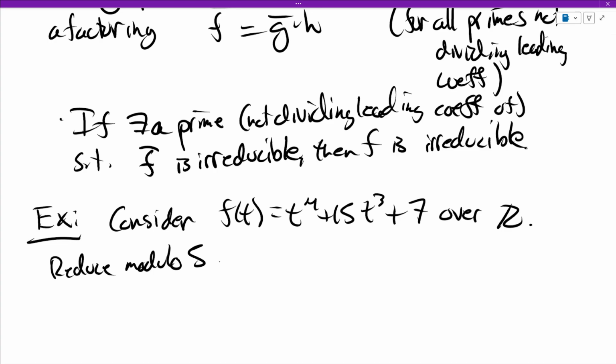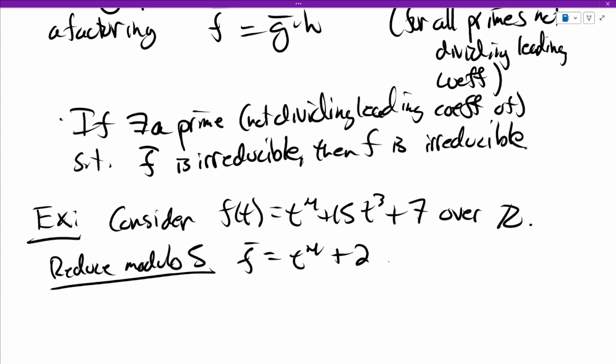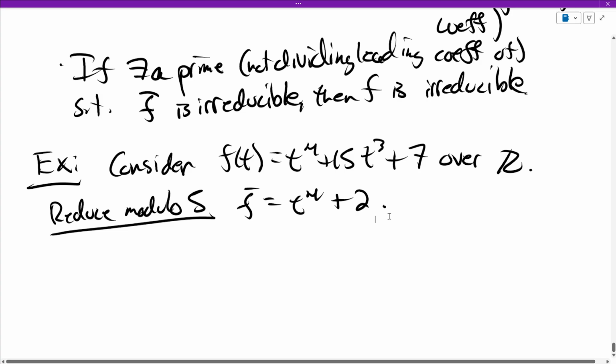Why 5? Well, it doesn't work if you do modulo 2 and 3, as we'll see. So we're going to do it correctly, and then we're going to see what happens if you picked a wrong prime. So reduce modulo 5, then f bar is going to be t to the fourth, the 15 goes away, and 7 mod 5 is 2. Okay, so that's what we're going to look at, and we're going to look at this in F_5.